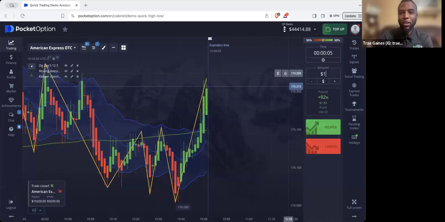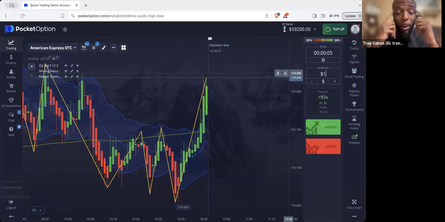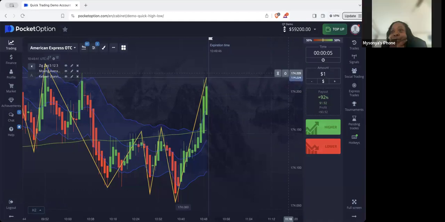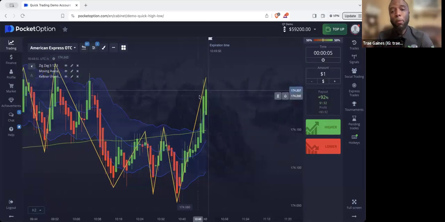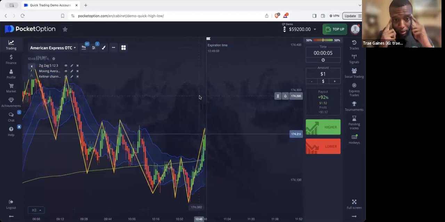I don't like the demo, I'm not gonna lie. I don't like demo because there's no emotion attached to it because it's not your money. But when you get your money and you lose that whole hedge, it's gonna hit different than losing $44 in your demo, which is to be expected. But the demo is where you perfect your eyes, perfecting what you see.